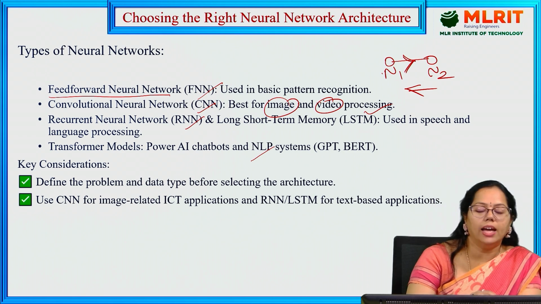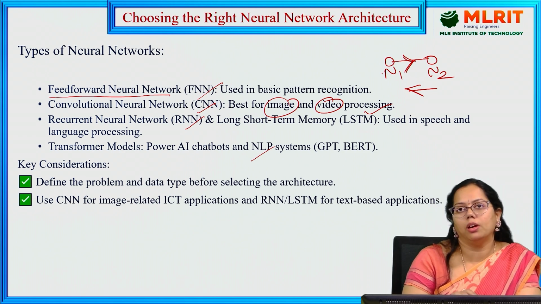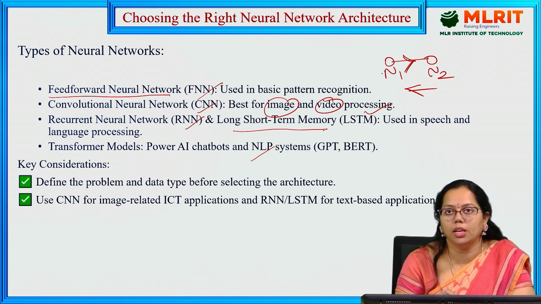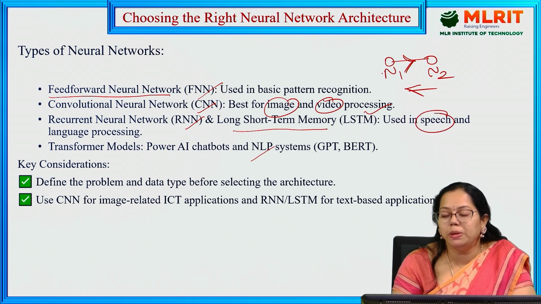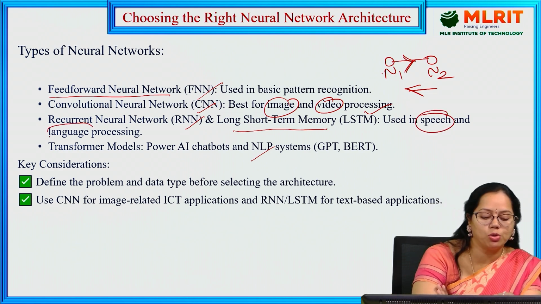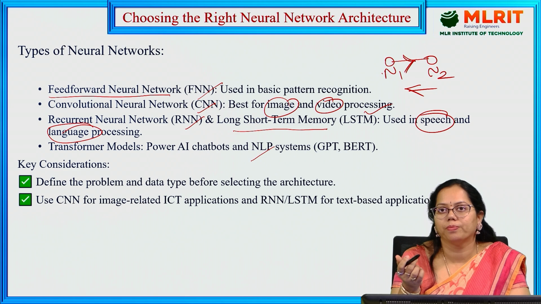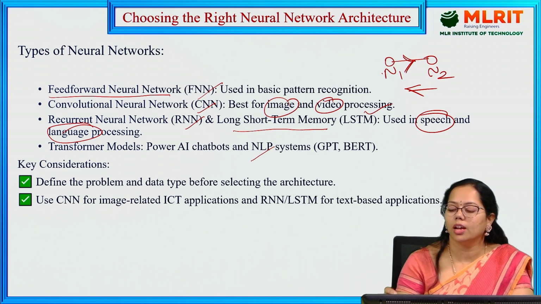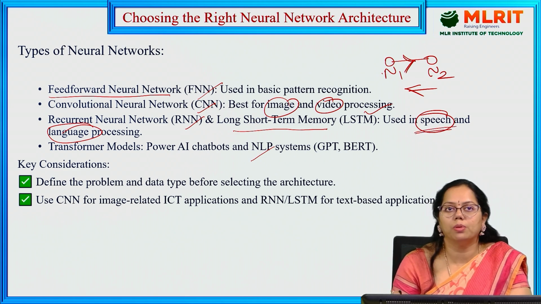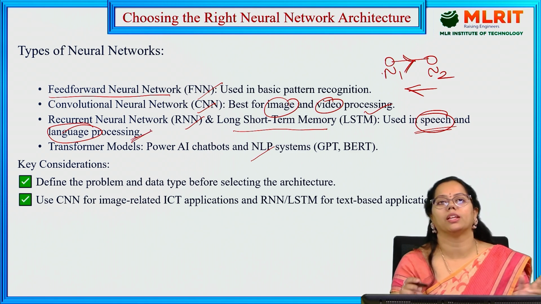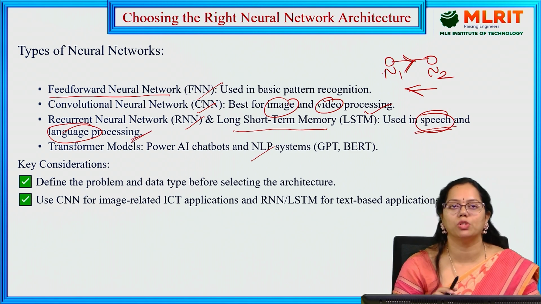RNN is a recurrent neural network, and LSTM is long short-term memory, which is used in speech and language processing. Speech means you give audio and it converts into text. So when you are speaking something, it converts into text. This is again related to language processing.